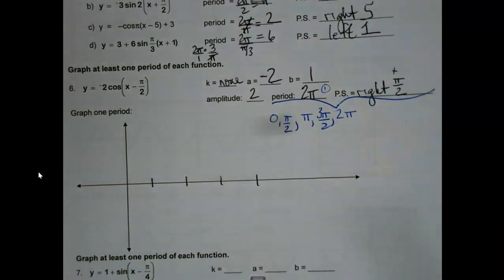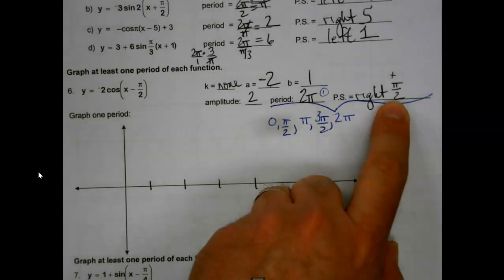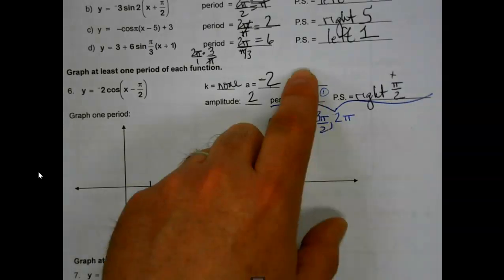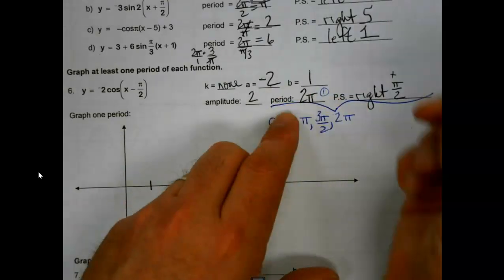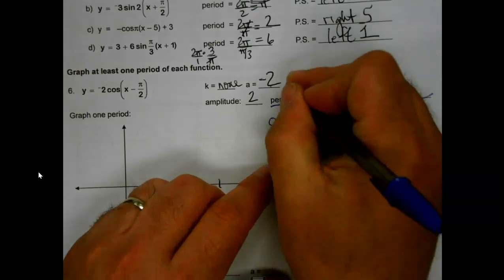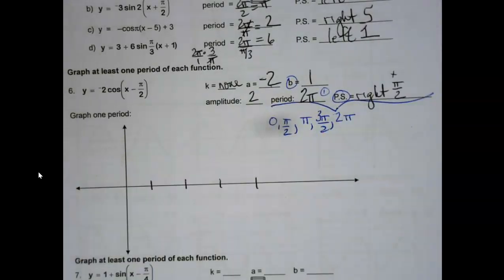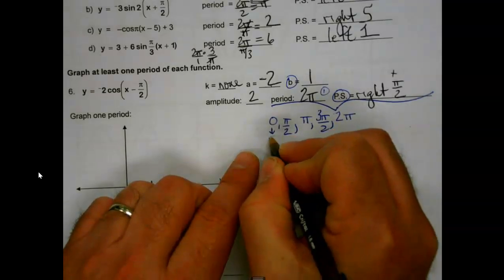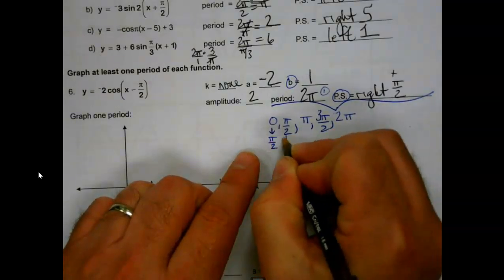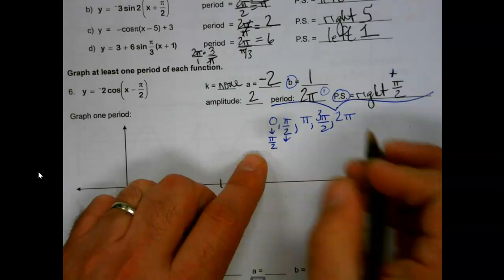But that's not our period this time, because we're shifting all of these right pi over 2. So the B value will affect you first. Your phase shift, so these two, will affect this. So we're going to shift these all right. Every one of these is going right pi over 2, or we're adding pi over 2 to each of these.